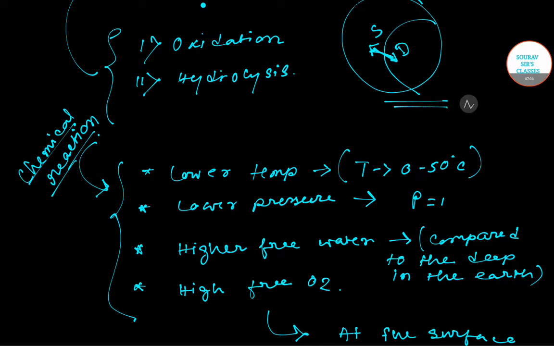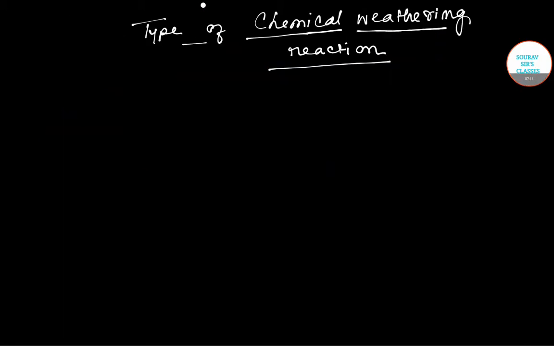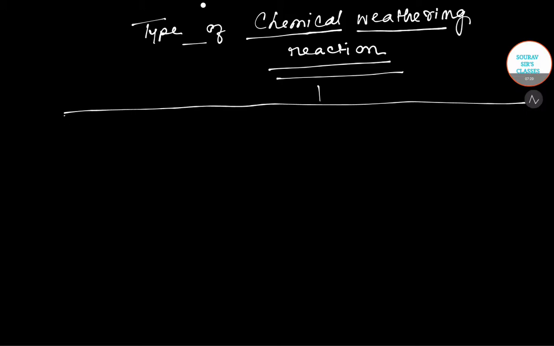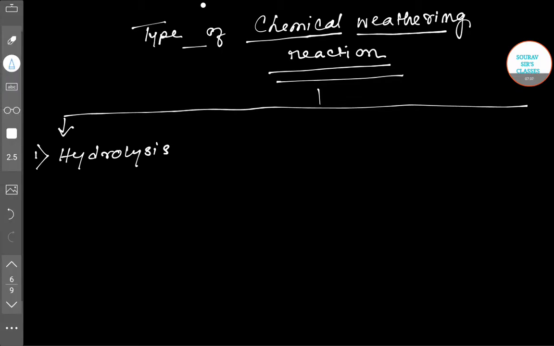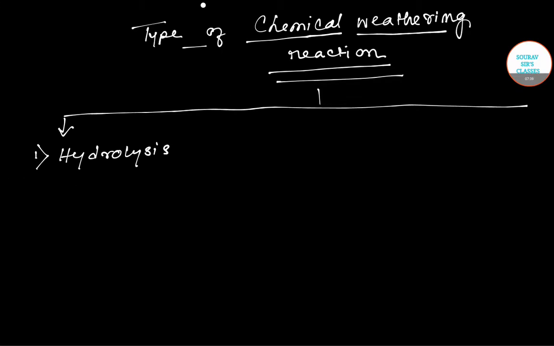Well, moving to the types of chemical weathering reactions. Here are our types of chemical reaction. We can divide this roughly into 6 types. The first one is hydrolysis. As I already told you, hydrolysis is very important for chemical reactions.